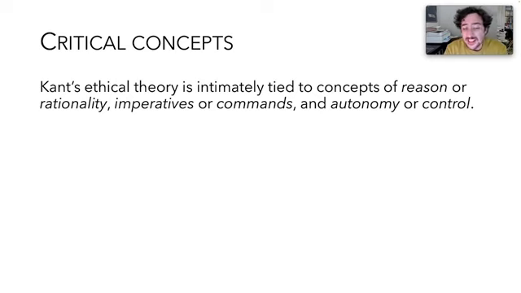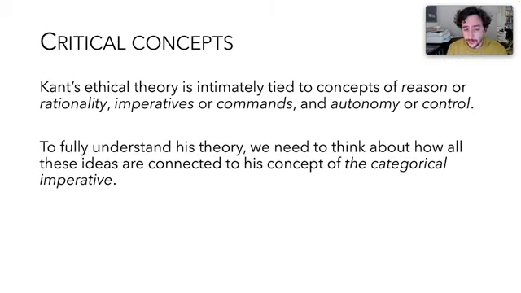Now, this law consists of imperatives or commands, and we need to understand how those commands relate to that rational nature. And then we also need to think about how our autonomy or control relates to our rationality and to morality more generally as well. So to fully understand his theory, we need to think about what all these ideas mean and how they connect to this categorical imperative.